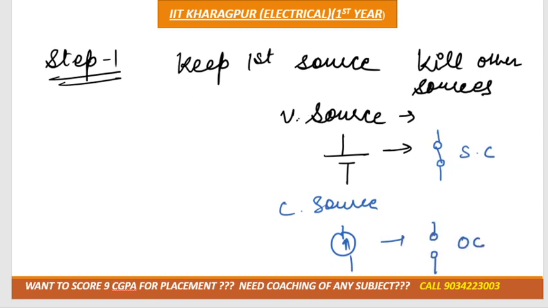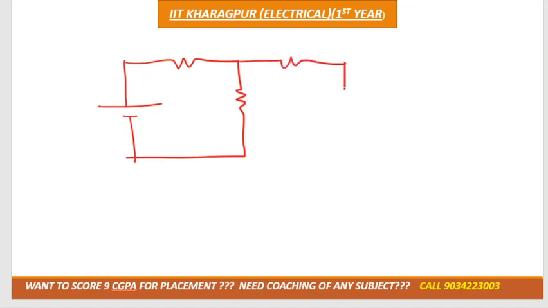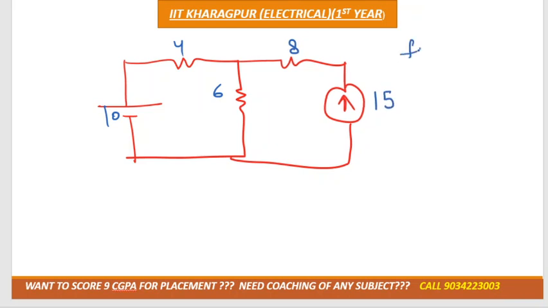For example, I'm drawing a simple circuit diagram. In this I'm taking only two sources available at this time, and we need to calculate the current in, suppose, the 6 ohm resistor by using the superposition theorem.